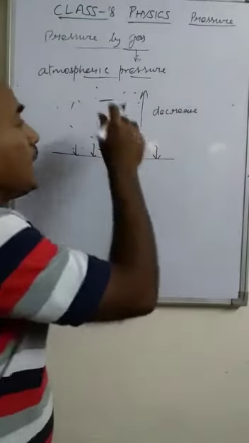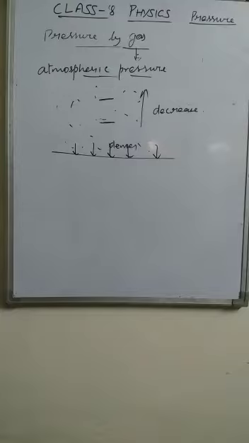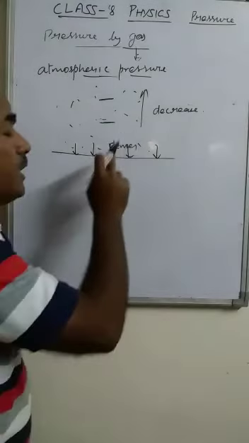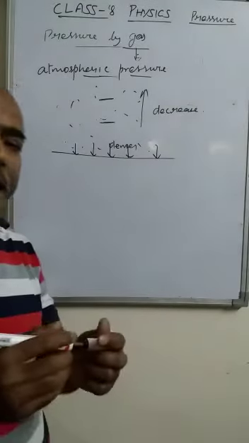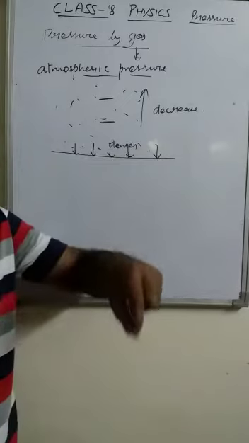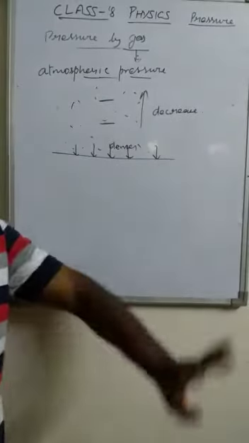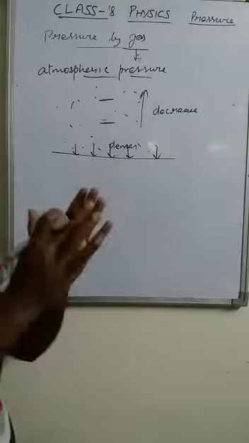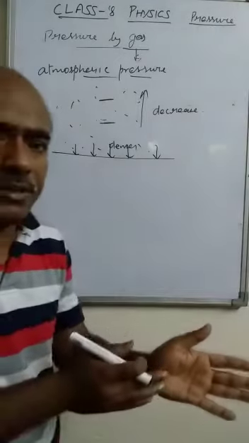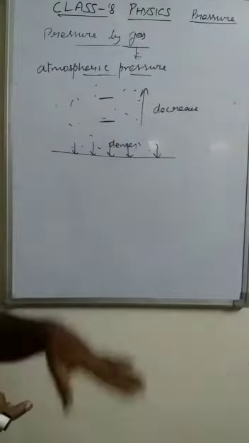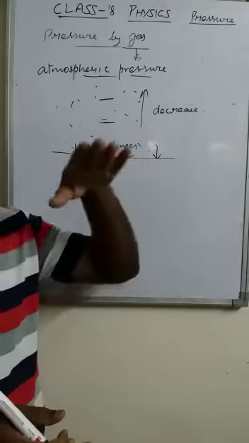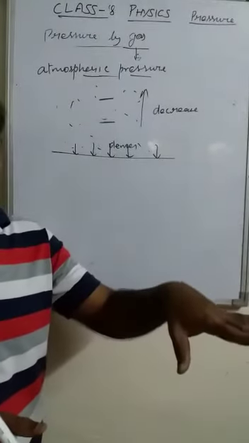And because of this, atmospheric pressure is applied on each and every object on the surface of earth. It is not only on human beings, it is not only on the surface of water, it is applied on every object on the surface of earth.